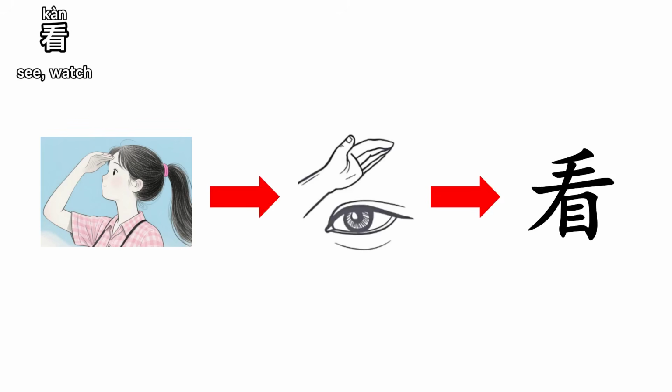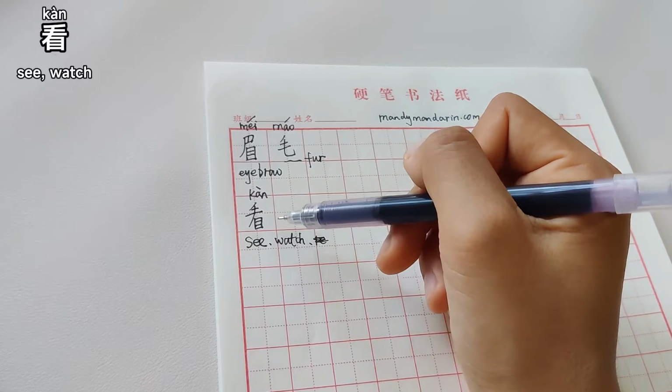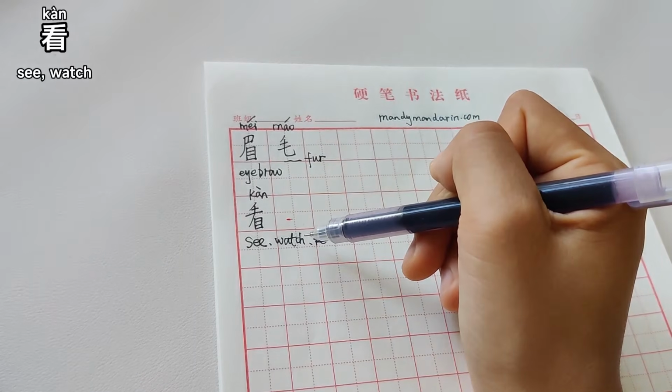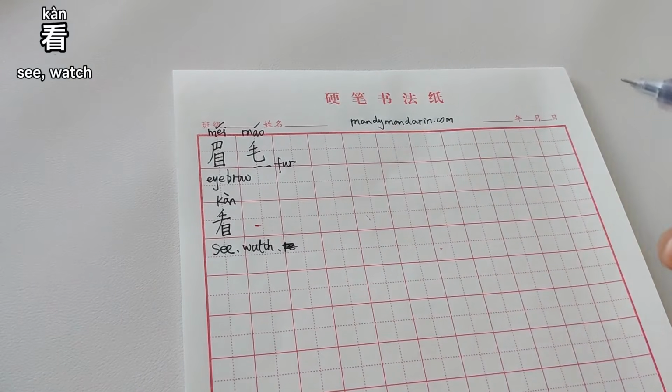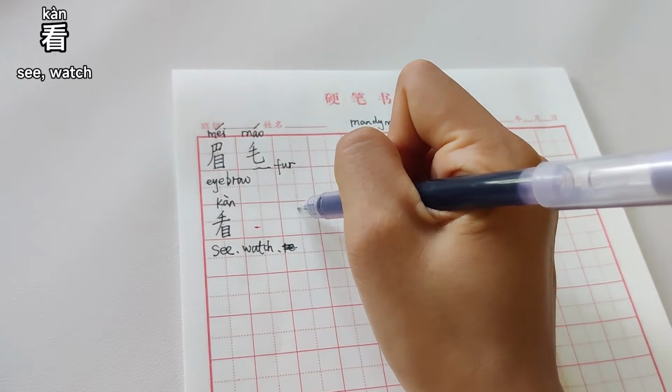You can see it looks like you put your hand on top of your eyes to look somewhere else. So simply put, you can imagine the upper part of it is the hand and the bottom part of it would be the eyes. So the 看 means to see and watch, which is very common in every language. Now let me show you some words.